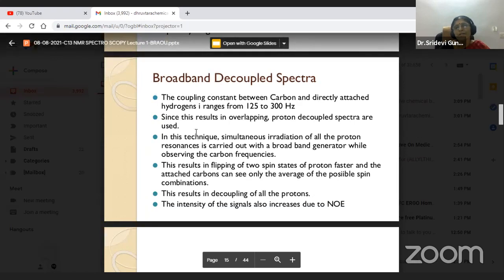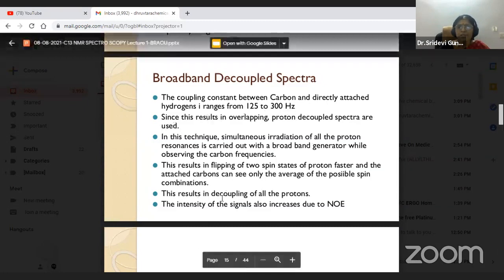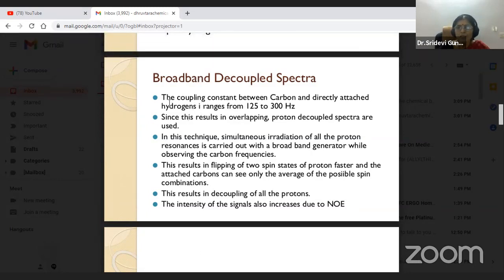All the protons present in the organic molecules, the sample, whatever we are dealing with, are decoupled. Broadband is the band of radio frequencies corresponding to the protons present in the organic molecules.